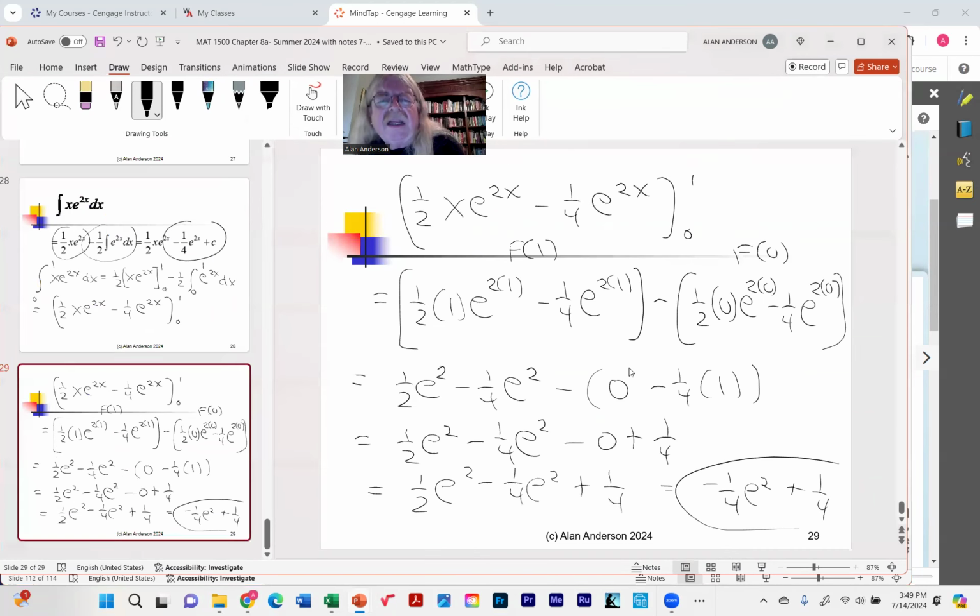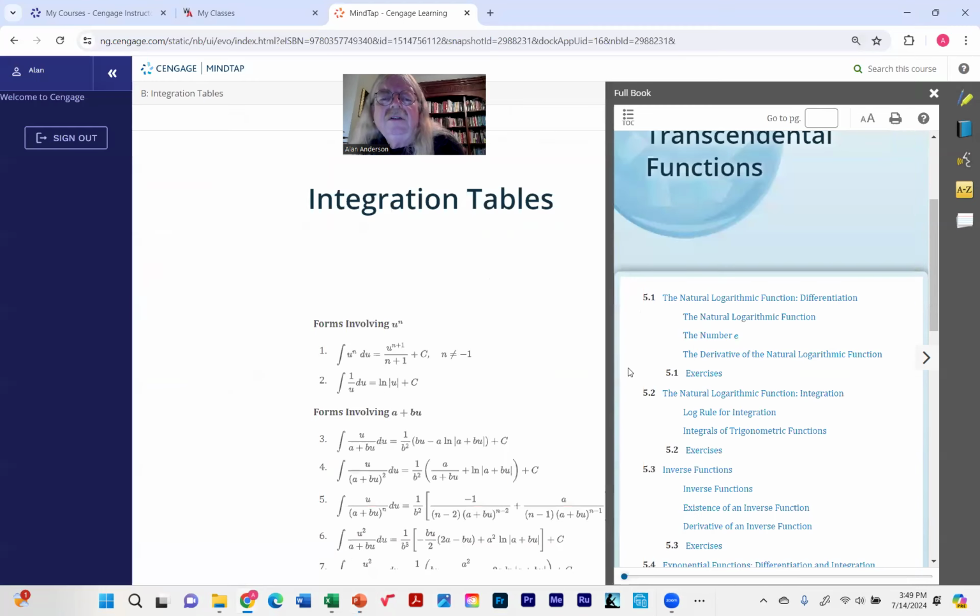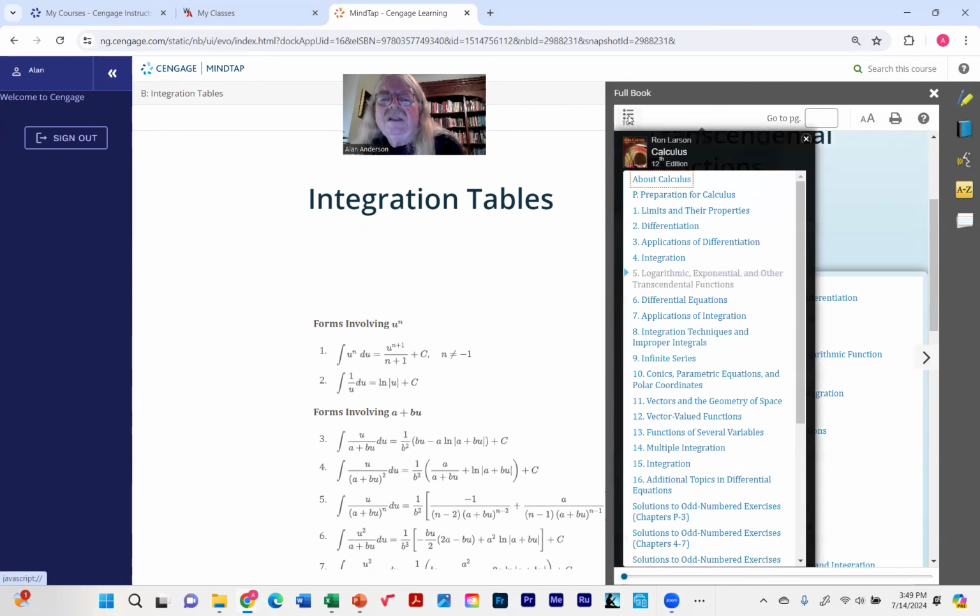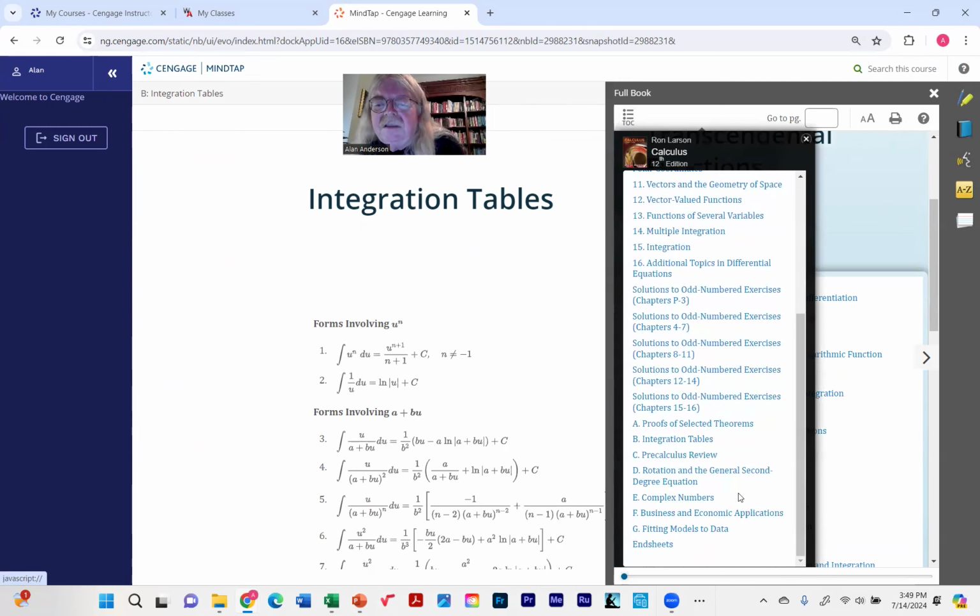I'm not sure if this book has a list of these trig identities. I think it must. There's got to be somewhere in here where it's got trig tables. Maybe not. I don't know. It's hard to tell. Let's look. Maybe not.